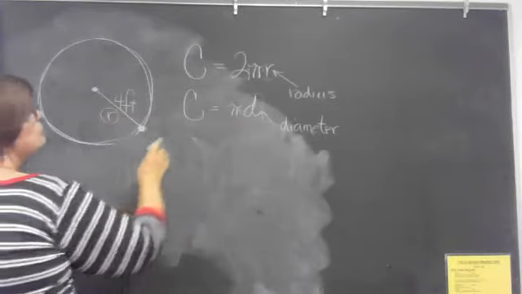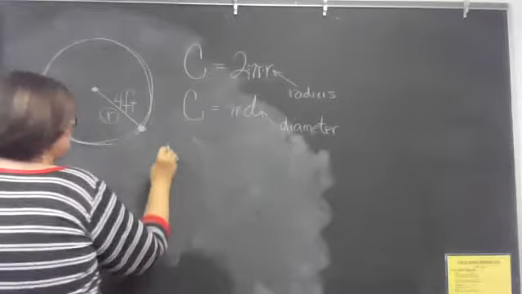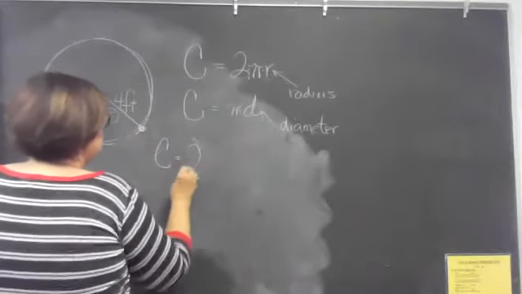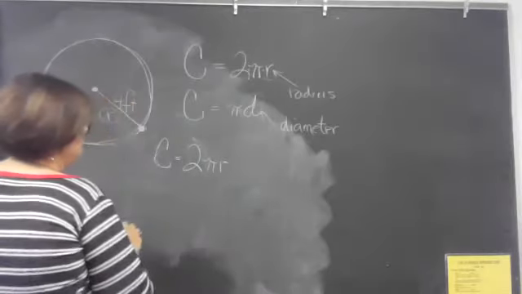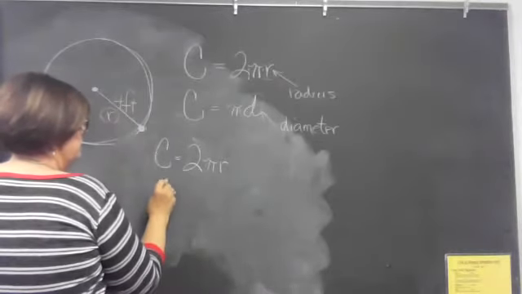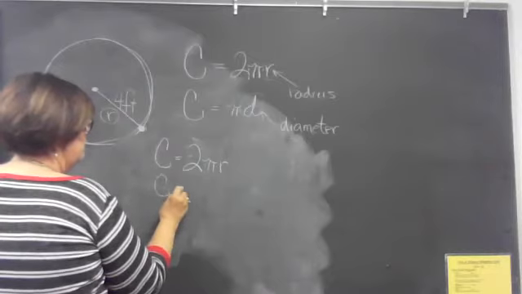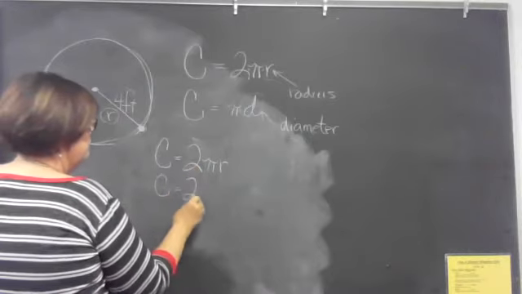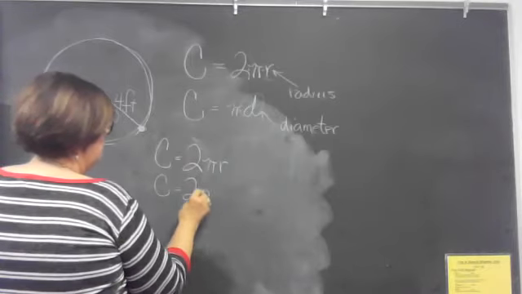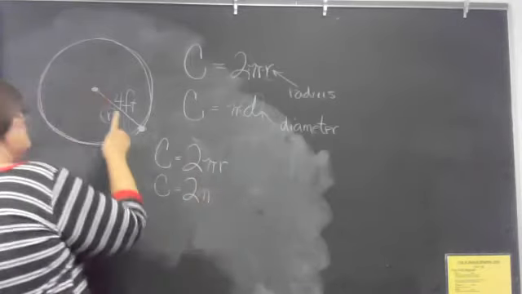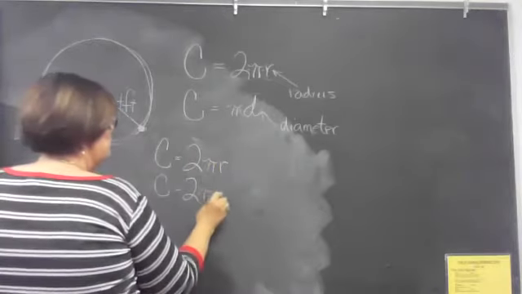So what we're going to do is use the radius formula. C equals 2 pi r. If this is the formula, then we simply plug in what we know. The 2 is a done deal. It's in the formula. This is pi. And r happens to be, in our problem, 4.